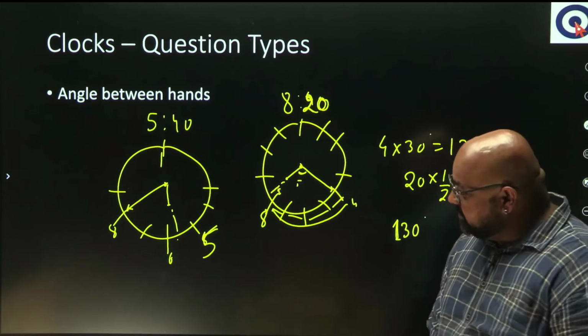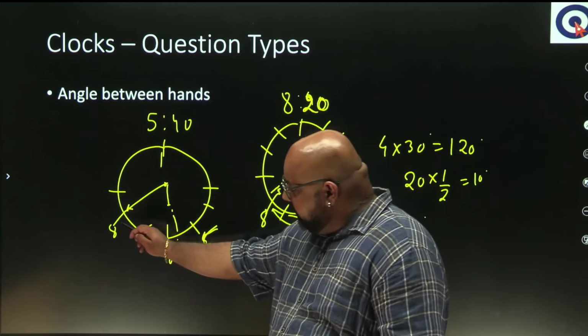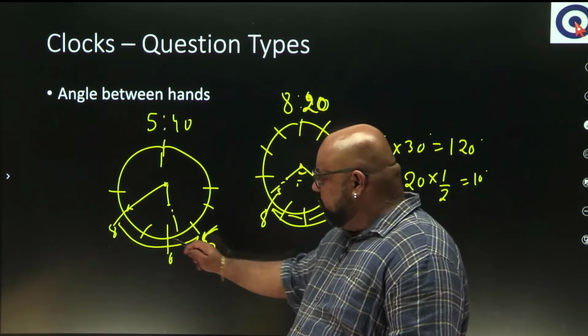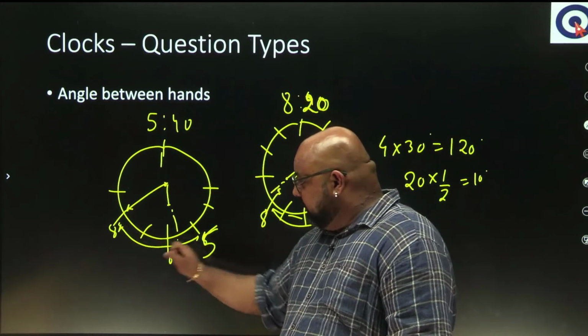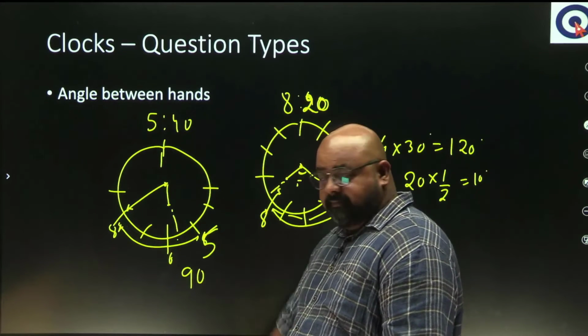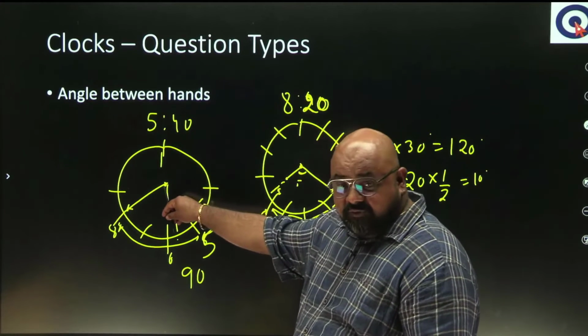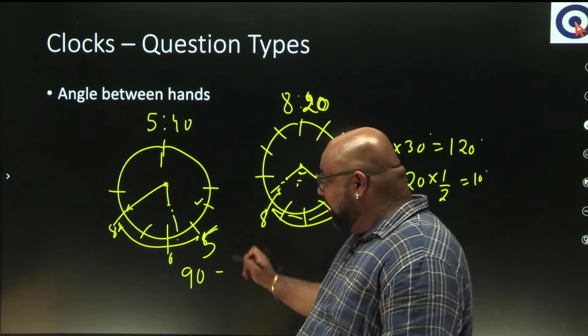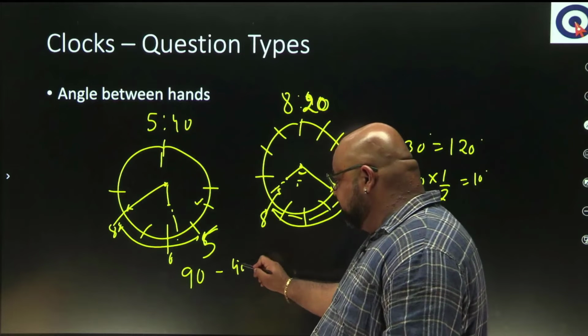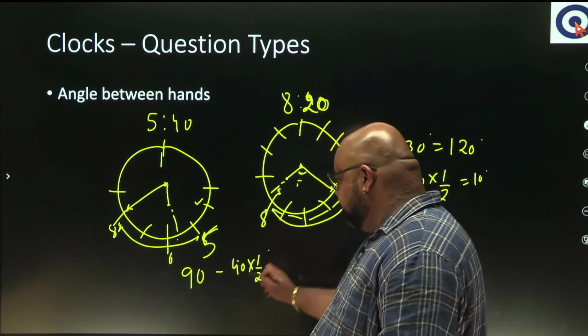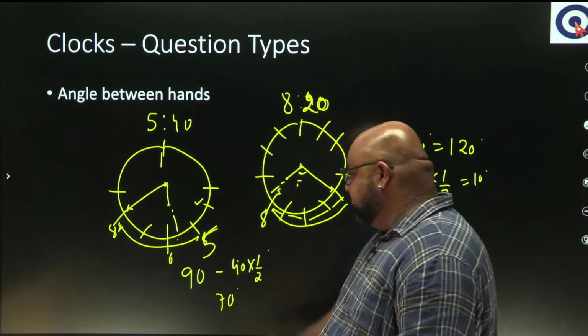So here what happens is, see, from 8 to 5 I look at the total divisions. So 30, 30, 30 is a total of 90, right? But the hour hand is not at 5, it has moved forward. So in this case I will subtract 40 minutes, half degree per minute, which comes out to 70 degrees.